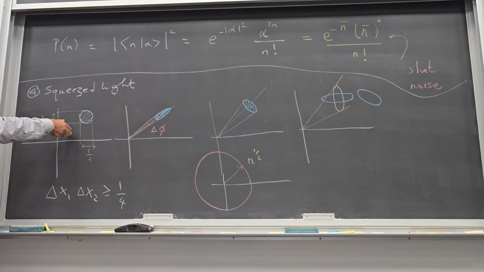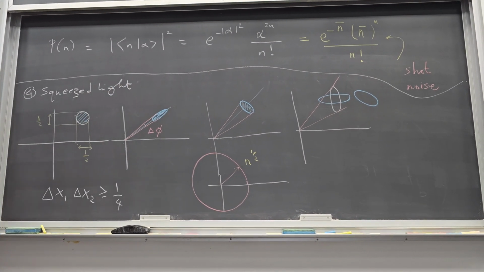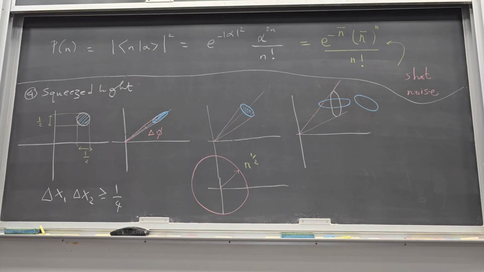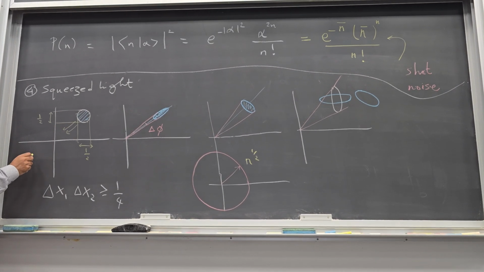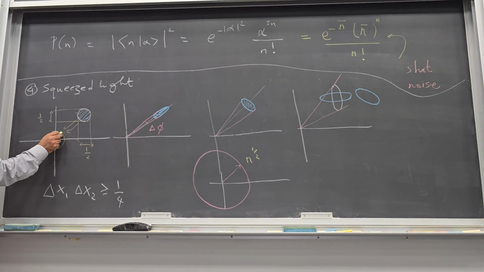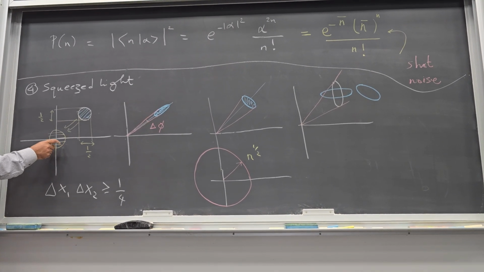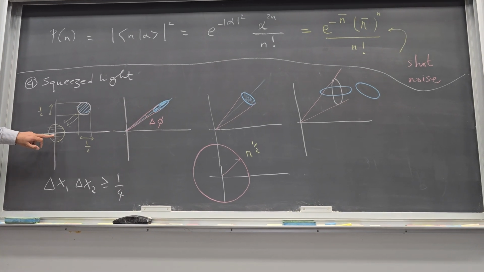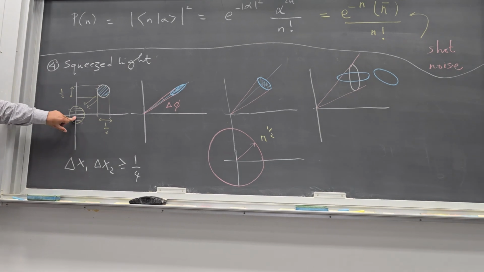So you increase the number of photons in the coherent state, this circle goes further and further away. For the vacuum state, this state just collapses, comes back, comes down, and you will get a circle of the same size at the origin. Now this field is called the vacuum field, the vacuum state, ket 0.